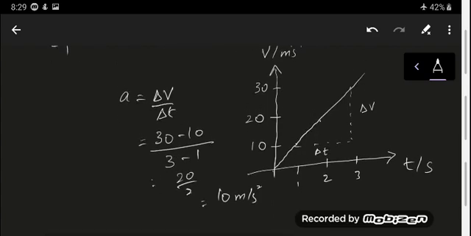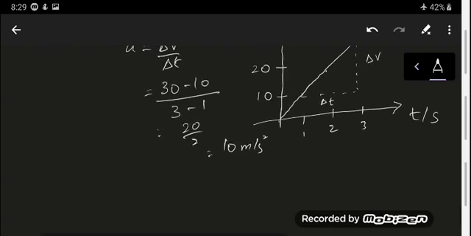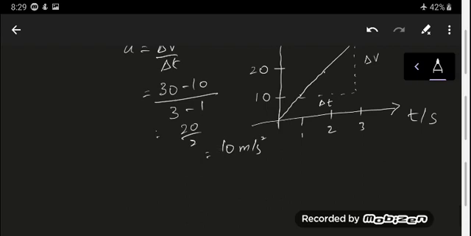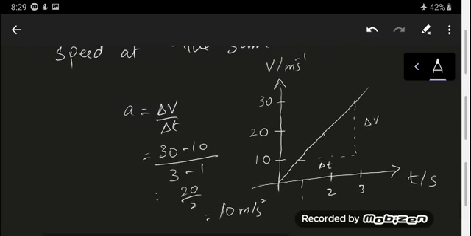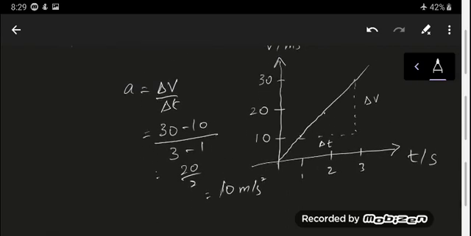Since both of the objects are falling in the same direction, the speed and the velocity are the same, right? Okay, let's move ahead. Another thing, if you want to calculate the distance from the speed time graph, you have to take the area under the curve.